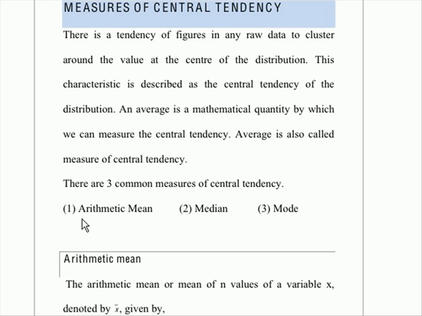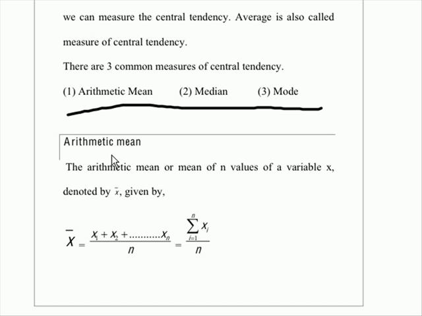The three most important measures that we'll need for the test is arithmetic mean, median, and mode. These three clubbed with variation and standard deviation is pretty much all you need to know from statistics for the test. So let's take the first one of these.